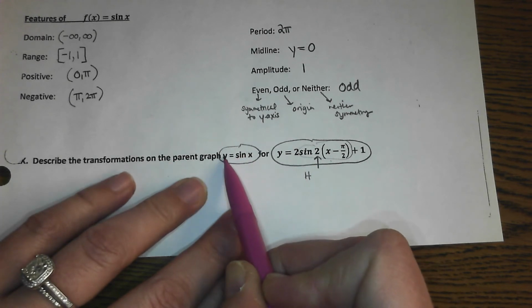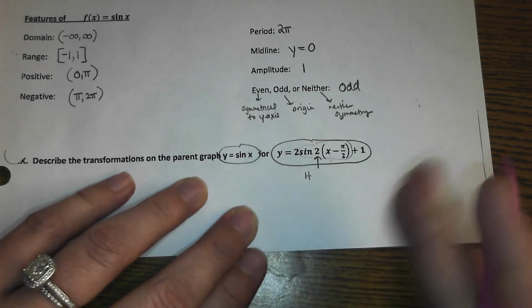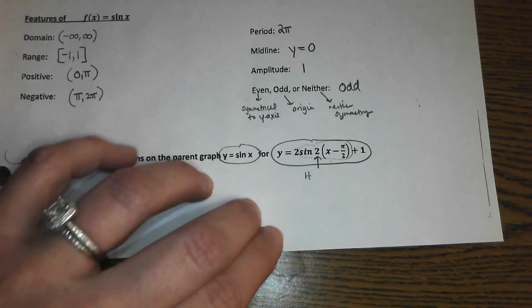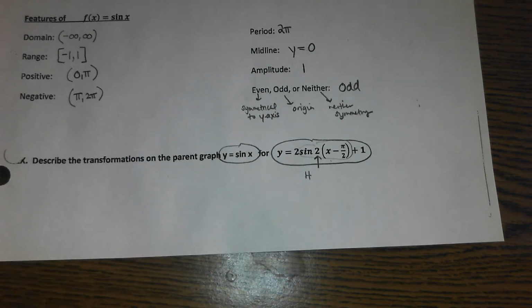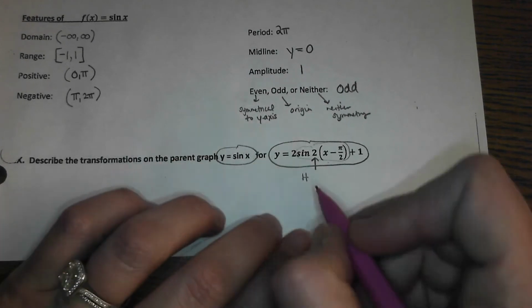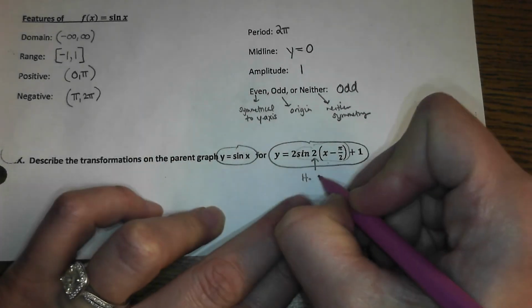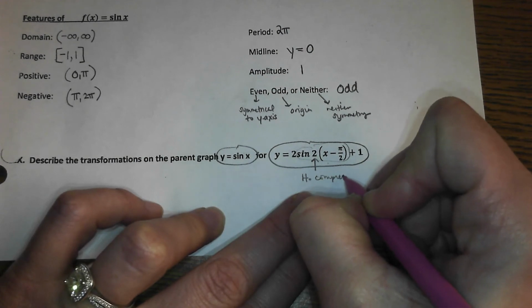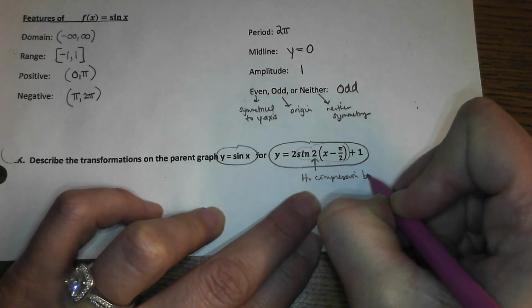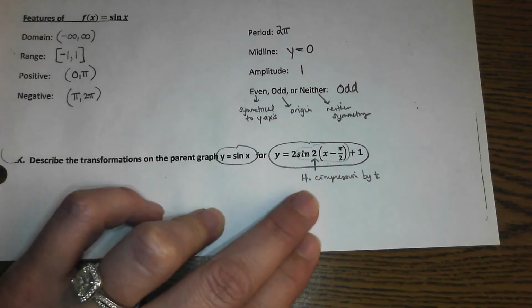Anything in front of the sine or after the x, after you take the sine of the number, is vertical. So this is within the function. That's a horizontal, it's not a stretch because horizontal things are backwards. It's a compression. Horizontal compression by a half.